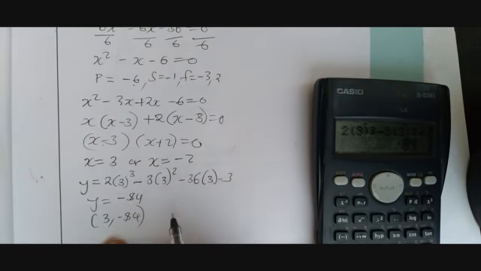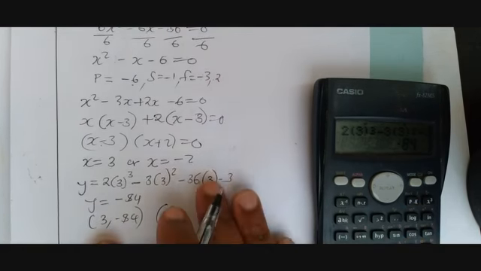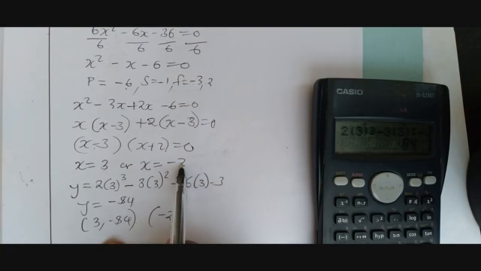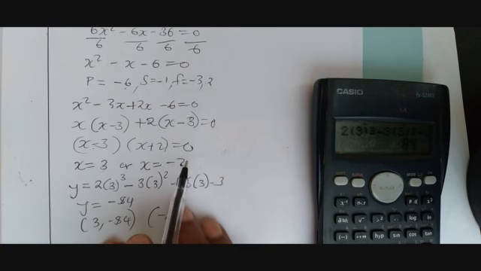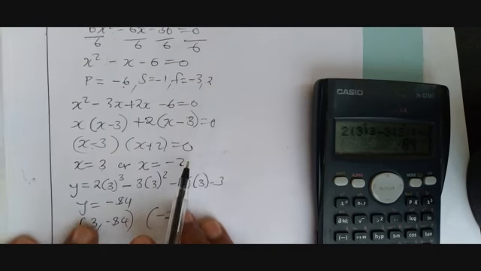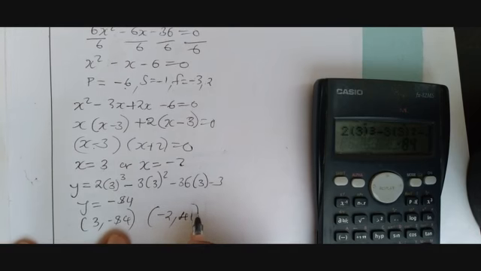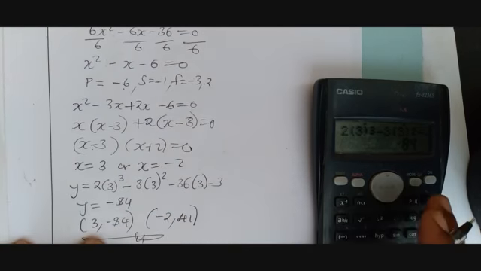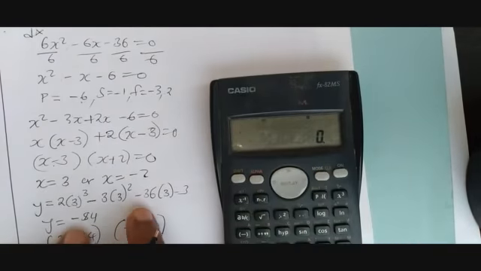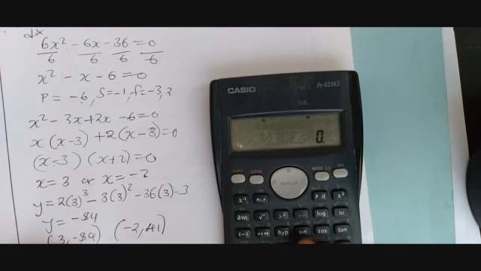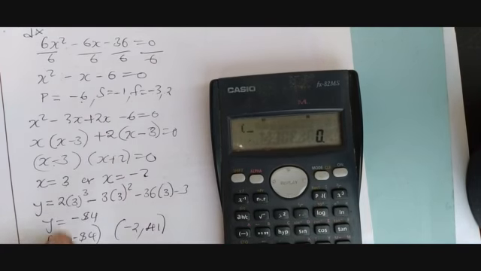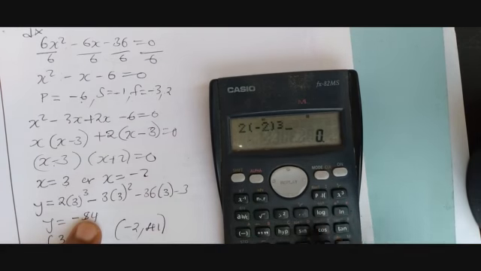It means for this one, for this point, we have negative 2, comma, when you get negative 2 there and put in this equation, what do you get? You get 41, alright? You get 41. So these are the coordinates. What are we saying? You can get your negative 2 here and plug it into the equation, which is this one. Say 2, open the bracket, negative 2 to the power 3, alright?